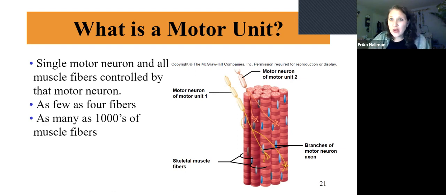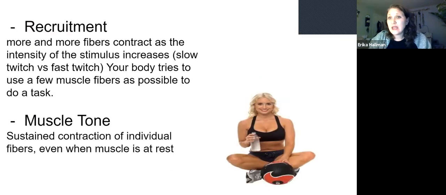So this idea of a motor unit, meaning that anything that one motor neuron reaches out to and touches, kind of leads us to why it is that as athletes, we need to practice our actions to get muscle memory. 2 other terms that apply to athletes and the muscular system are recruitment and muscle tone.